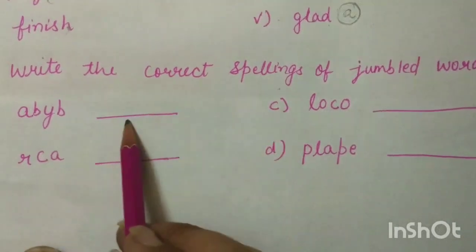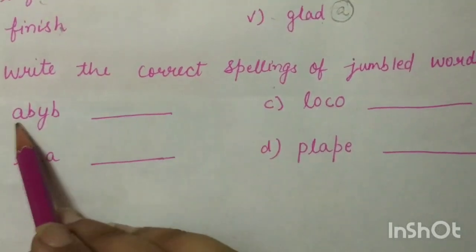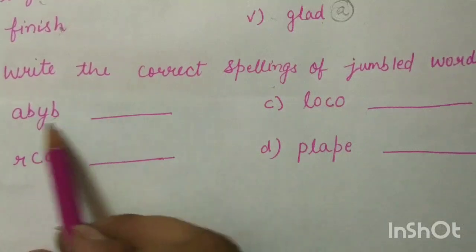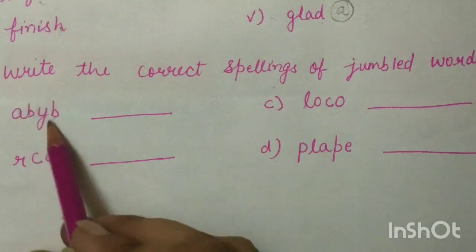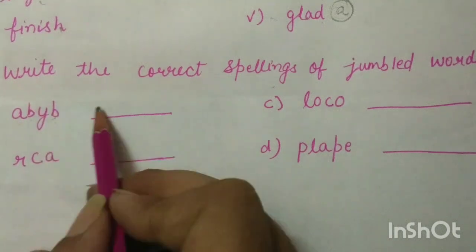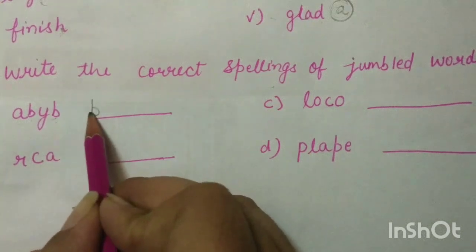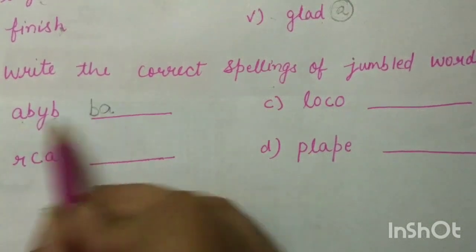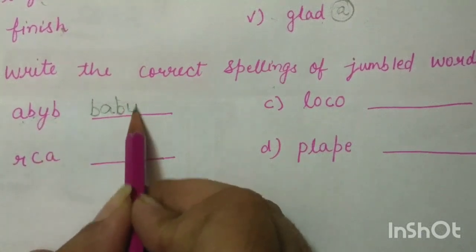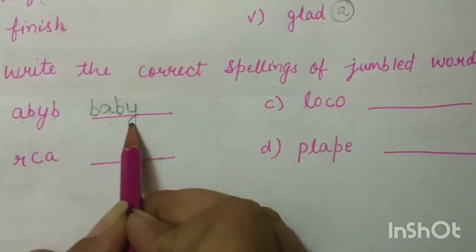by rearranging them. So A, B, Y, B. Now we have to think which new word can be made from these 4 letters. If I write B, A, B, Y, baby.